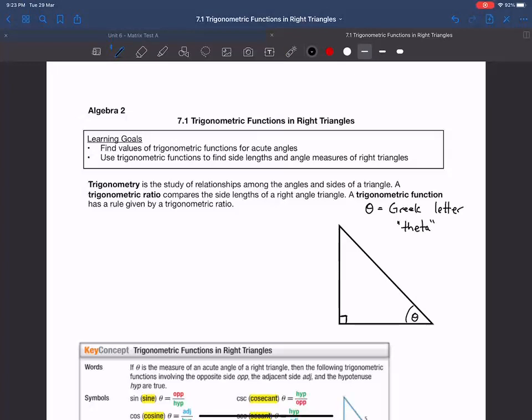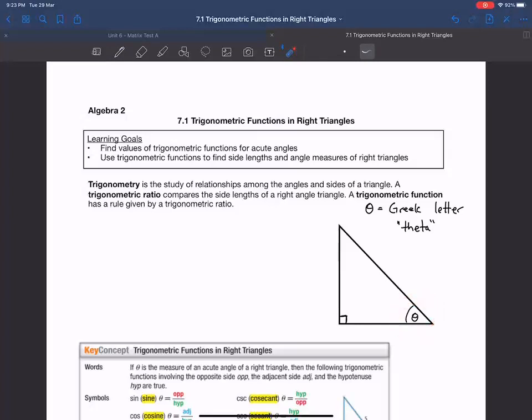And in both mathematics and in science, theta is often the letter or the variable that we use when we relate to an angle. Now, you can use any letter you want. You could use x, for example, but most often we use the letter theta. So I'm going to be using theta a lot. And when it comes to a right angle triangle, we label the three sides based on where my angle is.